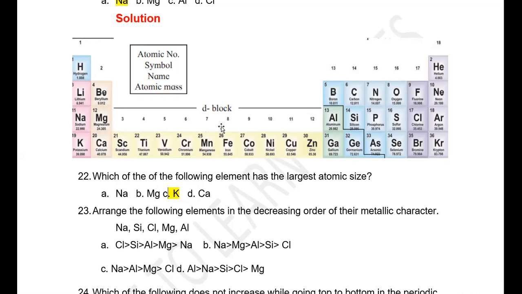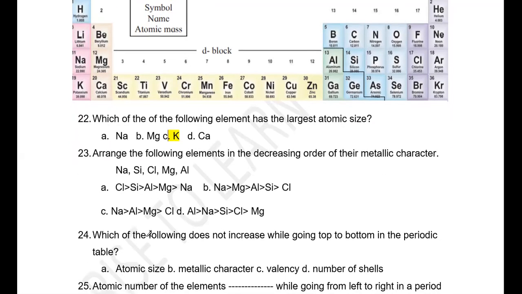They all belong to the same period. We have to arrange in the decreasing order. So first sodium will come, then magnesium, then aluminium, then silicon and then chlorine. This will be the order. Sodium, magnesium, aluminium, silicon, chlorine. So we will check if that option is given. Option B is the correct answer.